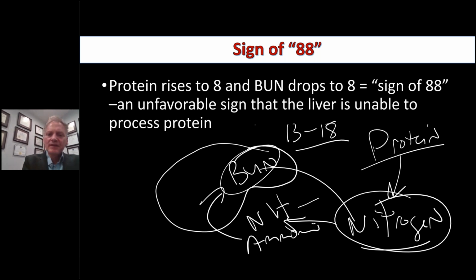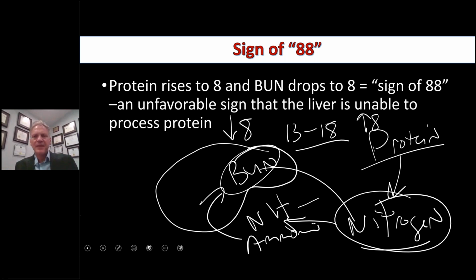So when BUN goes down to 8, I want you to think about this now, okay? When protein goes up to 8, and that's the sign of 88, protein at 8 or above, BUN 8 or lower. So when protein goes up to 8, what does that tell us? That tells us there's a lot of protein flying around. You've got an inflammatory process going on somewhere.